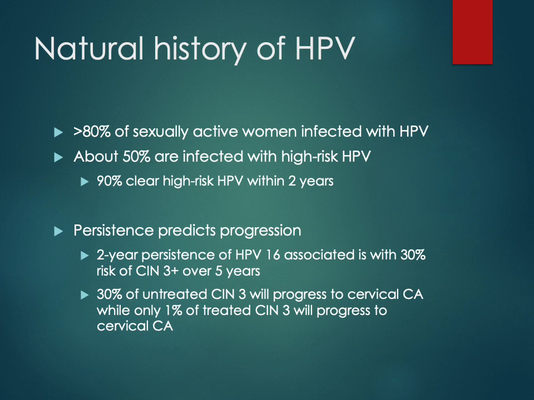So we know from older data that probably wasn't collected very ethically that the 2-year persistence of HPV-16 is associated with a 30% risk of CIN3 plus over 5 years. And then 30% of untreated CIN3 will progress to cervical cancer, while only 1% of treated CIN3 will progress to cervical cancer. So that's why treatment with a diagnostic excisional procedure or a hysterectomy is so important.